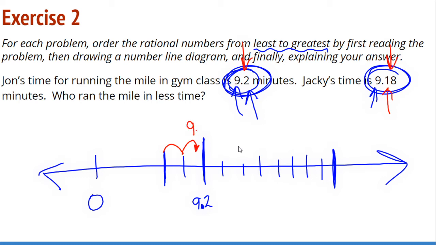So here is 9 1/100. Now, thinking about answering the question, who ran the mile in less time? Which of these two numbers represents less time? Well, this is 9 2/10. It represents a greater amount of time because it's farther to the right. So Jackie ran the mile faster.